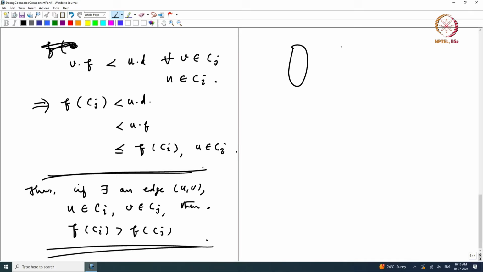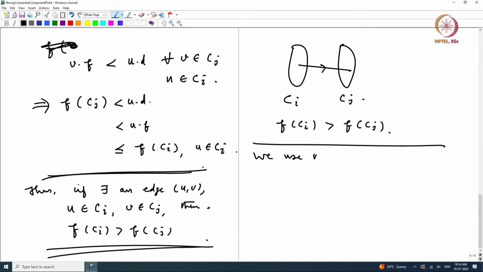Okay, pictorially. There is an edge. Now, we use the contrapositive. What is the negation of this?